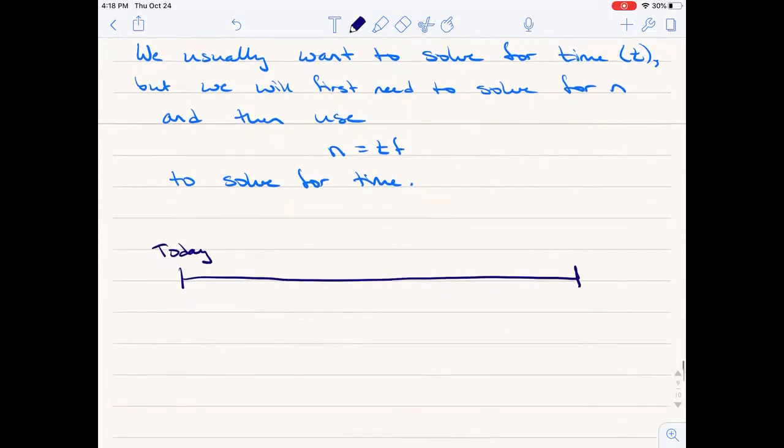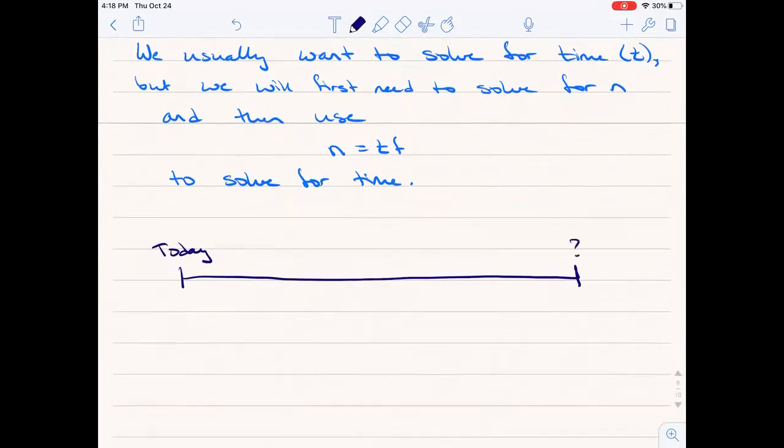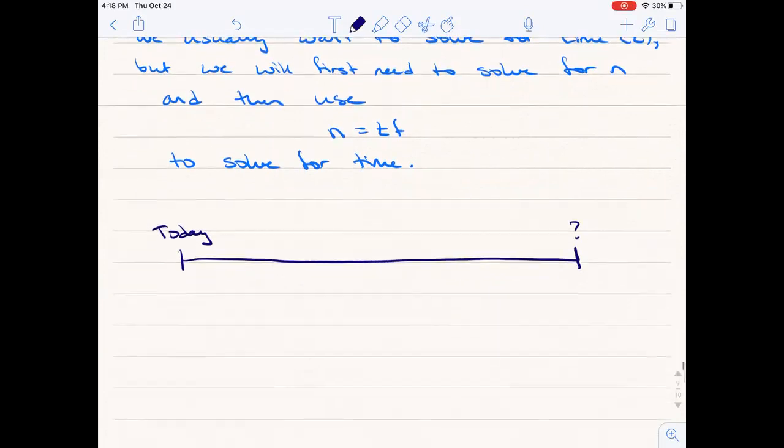And then here's some unknown point that we want to solve for. Some unknown point where you're so rich with $15,000.